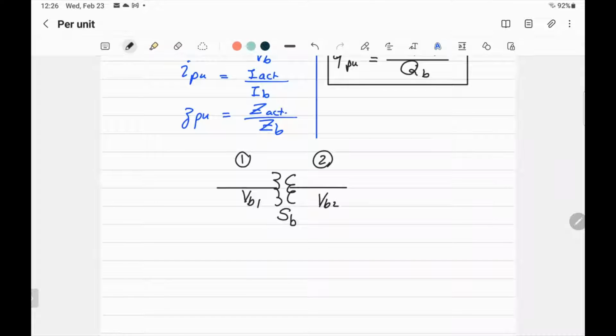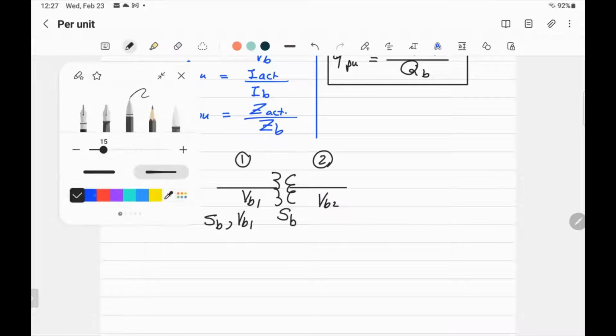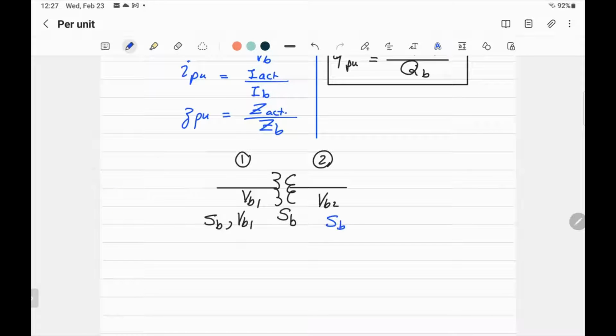Yes, you have now two quantities for each side. So this side you have S base and VB1. On this side you'll have S base and VB2. From these two quantities, you are going to derive I. You will have different values, for example, IB2 will be equal to SB divided by VB2.